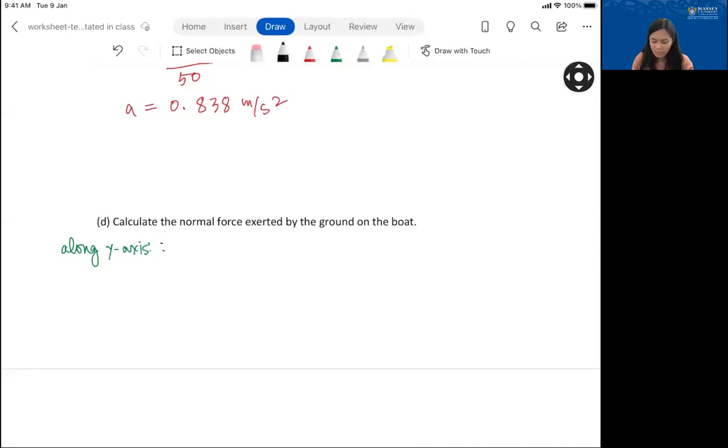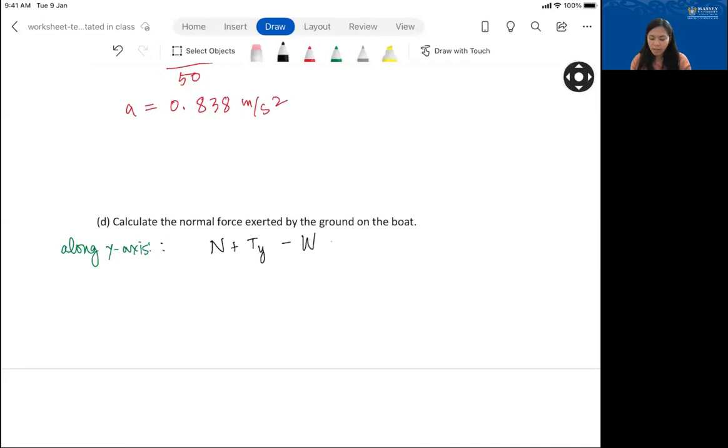Along the y-axis, you have the normal force that's upwards. You have the y component of the tension force that is also upwards. And then you have the weight force that is downwards.